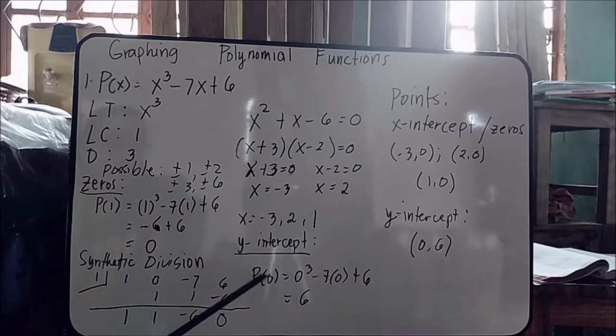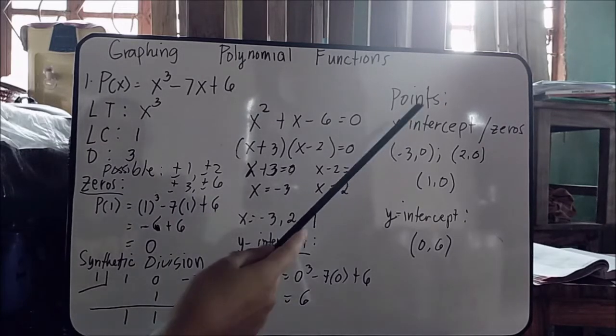So after we solve for the zeros, we can now have the y-intercept. So the point wherein the graph will intersect the y-axis. So we let x is equal to 0. So 0 cubed minus 7 times 0, that is 0, plus 6, that will be equal to 6. So we have here now the point.